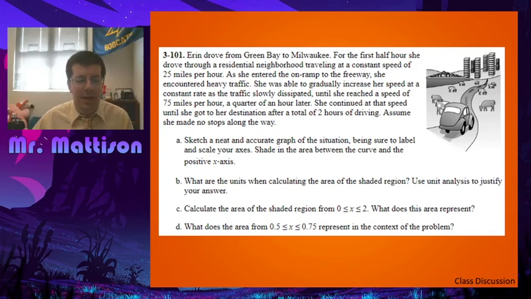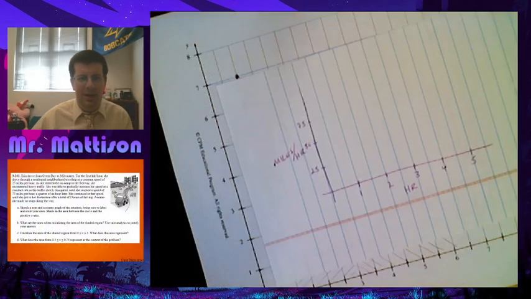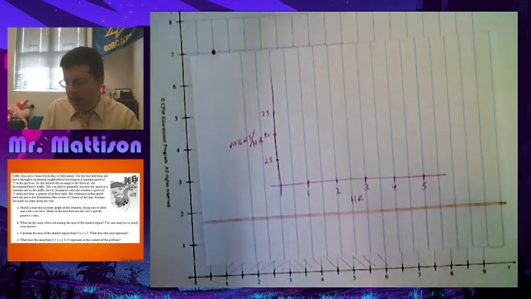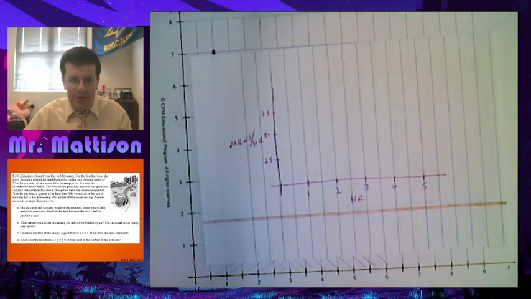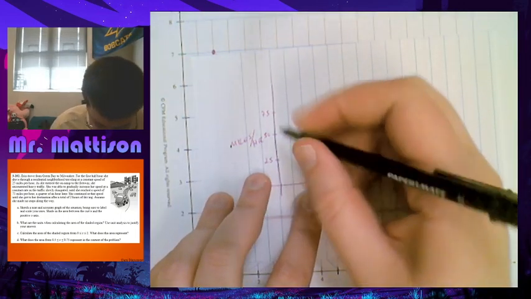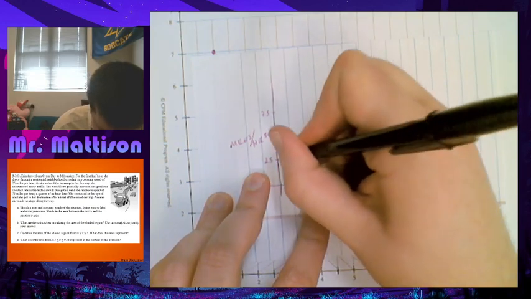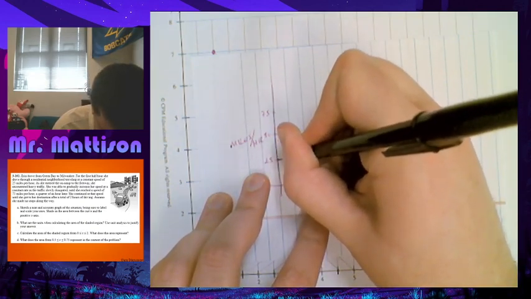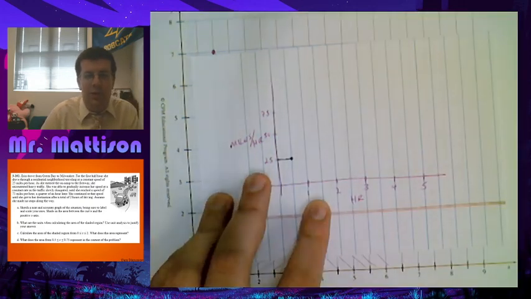Okay, so we're going to go ahead and take a look at this. If we graph her situation, I pull up my document camera, turn that so we can see it better. We have her starting off by going a constant speed of 25 miles per hour. She does that for the first half hour. So it will be constant, so it's just going to be a horizontal line until we're at half an hour, or 30 minutes.